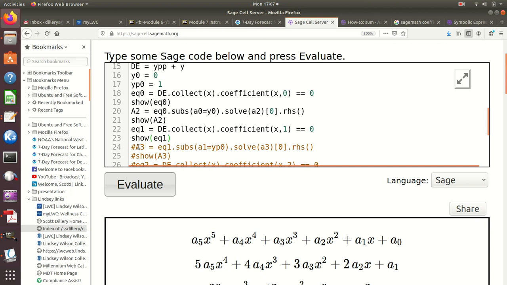And now I also did the A3. What I did was I copied 2 lines at a time. I copied those 2 lines, fixed them up with the ones, then I looked at it, then I copied those 2 lines and fixed them up with A3 instead of A2, and again I needed equation 1. Back here it was equation 0, and here I needed A1.